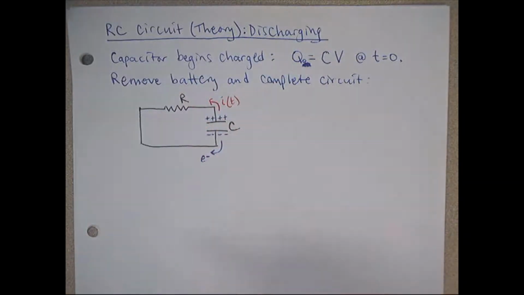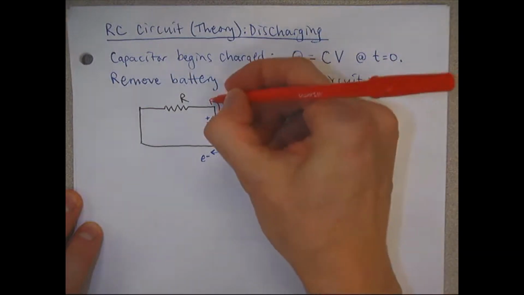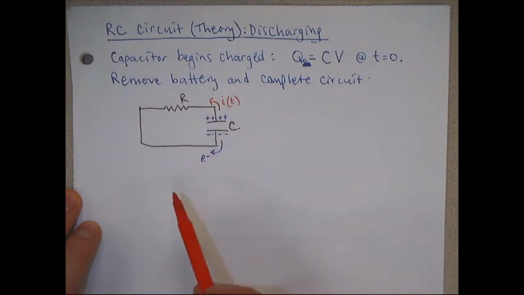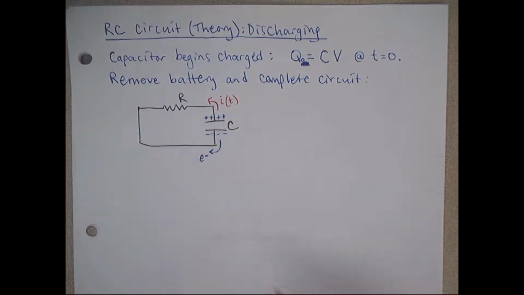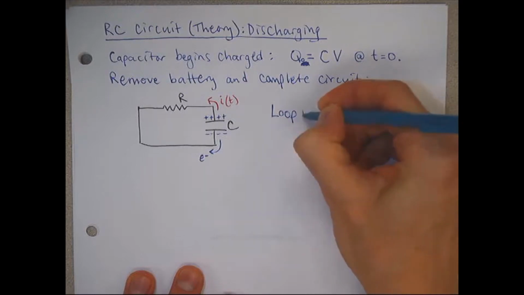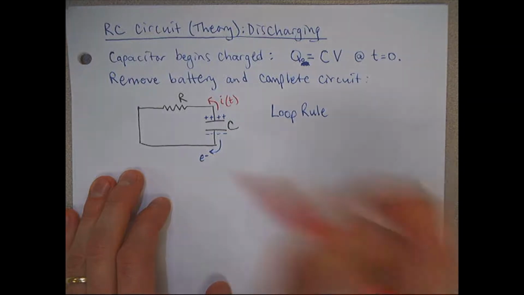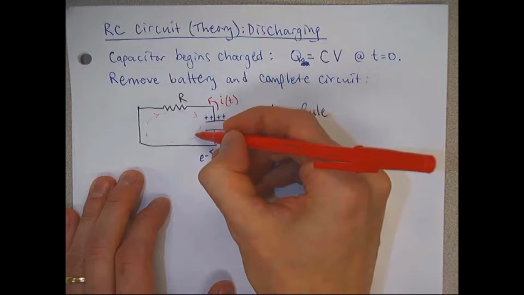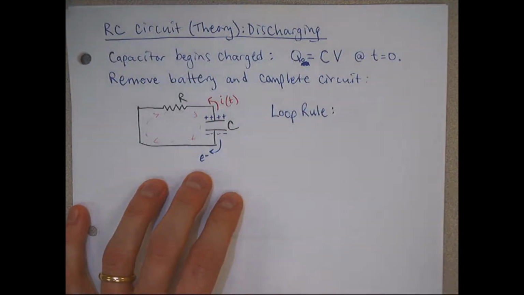You can see now that the current has reversed its flow direction in the circuit. It had been flowing from the battery clockwise. Now with the battery removed, the current will flow from the top plate of the capacitor to the bottom plate. What's our loop rule? Here, if we start in the same location and we travel clockwise again, the direction is unimportant, just changes all of our minus signs.